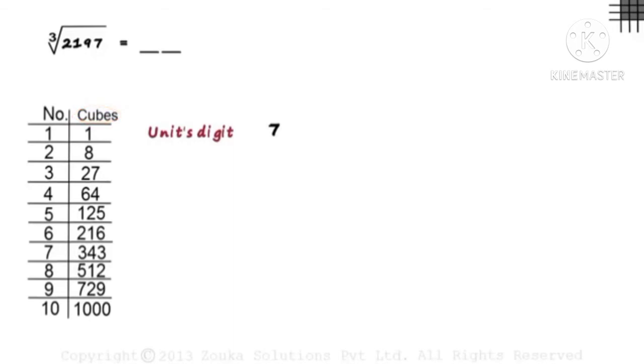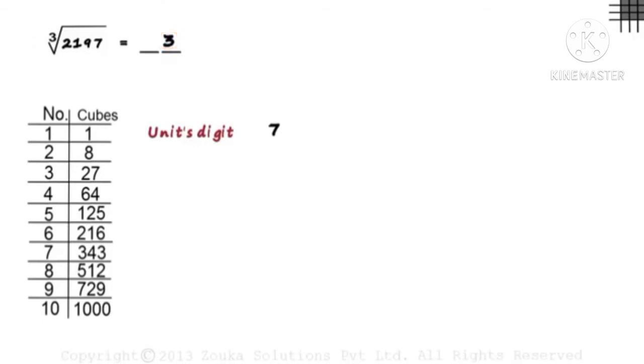It's this one, 27. So, we take the number from the first column corresponding to it and write it in the units place of the answer. The number corresponding to 27 is 3. So, we write 3 here. The first step directly gave us the unit digit of the answer.